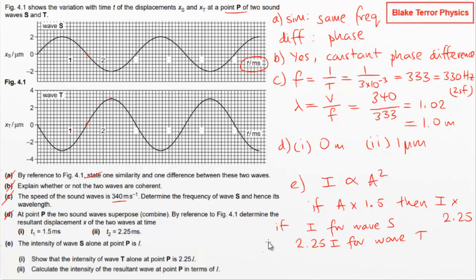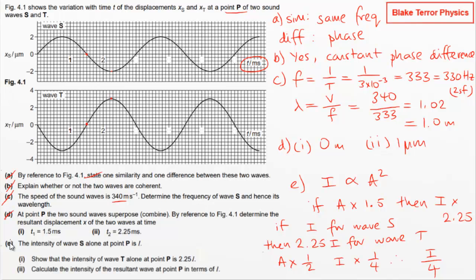Right, okay, calculate the intensity of the resultant wave. Right, the resultant wave is now, it's gone down to 1, so it's halved. So that means that we're going to have A times a half, so the intensity is times a quarter. Therefore, we're going to have I divided by 4.